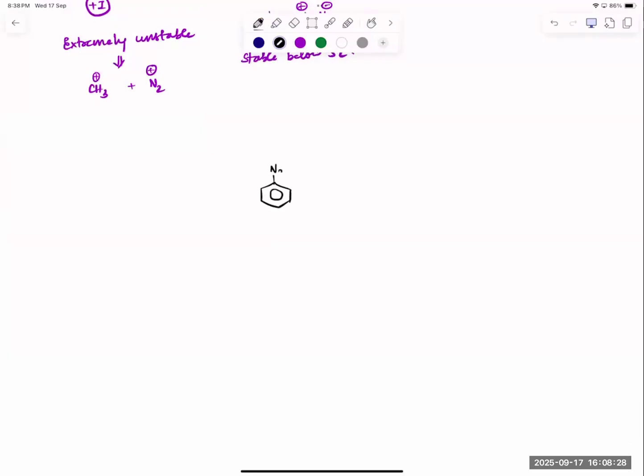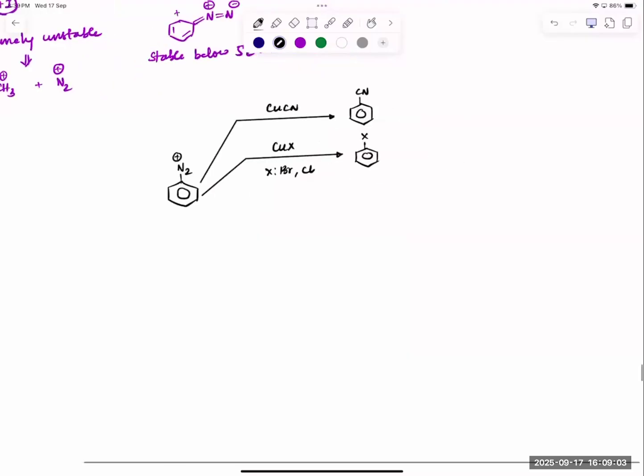You can see you have N2 plus, and when you react it with CuCN, or with CuX, where X is bromine or chlorine, then cyanide will replace the N2 position here and you will get the cyanide form, while here you will get X, which is the halogen form.